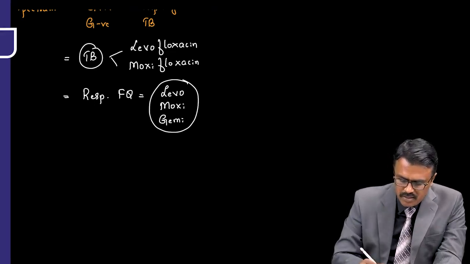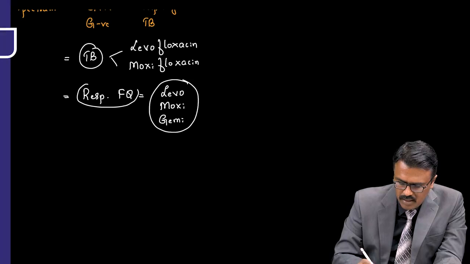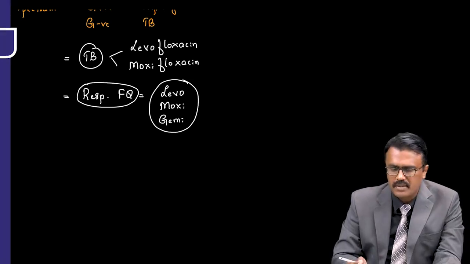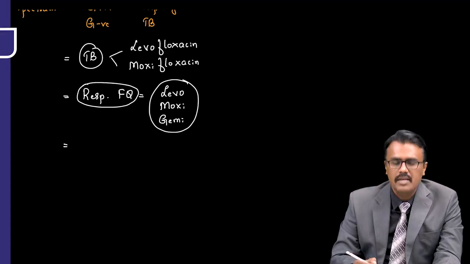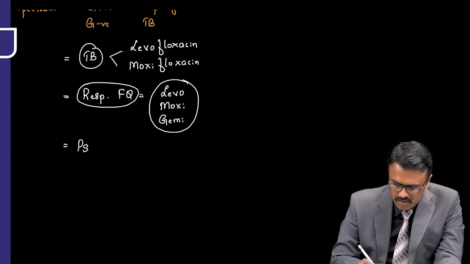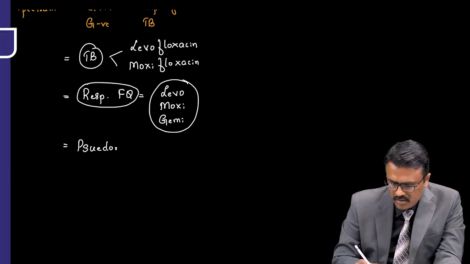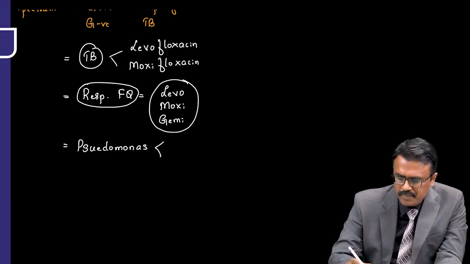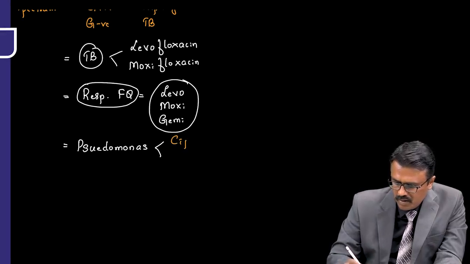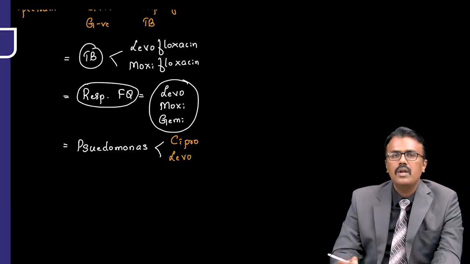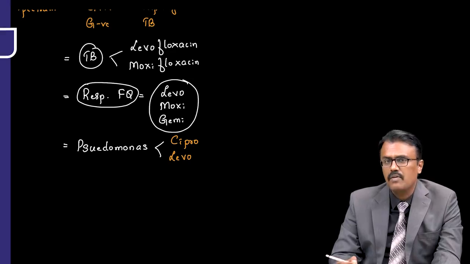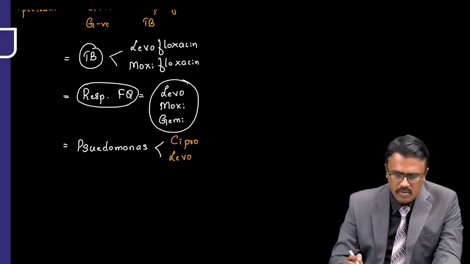I told you respiratory infections are commonly caused by gram positive organisms and they can cover gram positive. Now another important point is the coverage of Pseudomonas. Who can cover Pseudomonas? Only two drugs can cover Pseudomonas: cipro and levo. Not others.